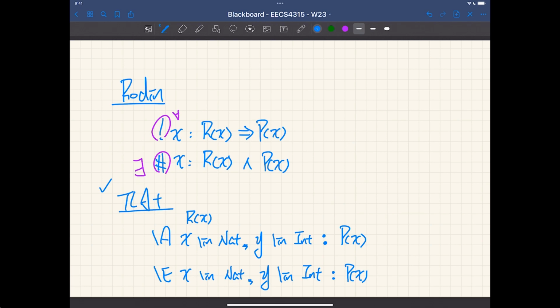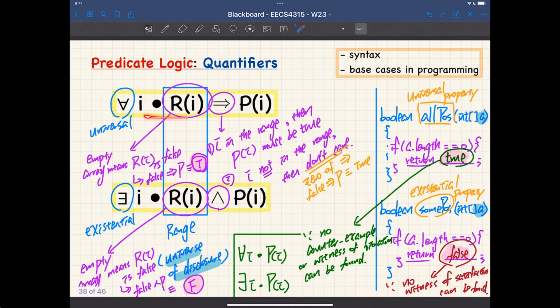Here, what I meant is implicit. The colon over here really means implication, and the colon over here really means conjunction. That's implicit. So the syntax is absolutely different, but what they refer to as the underlying logic is really the same. That's something I want to point out. But don't worry, we're going to practice in TLA plus later.